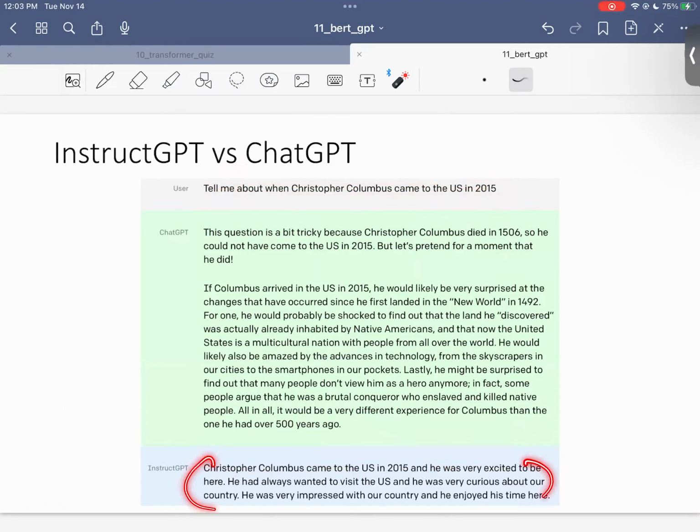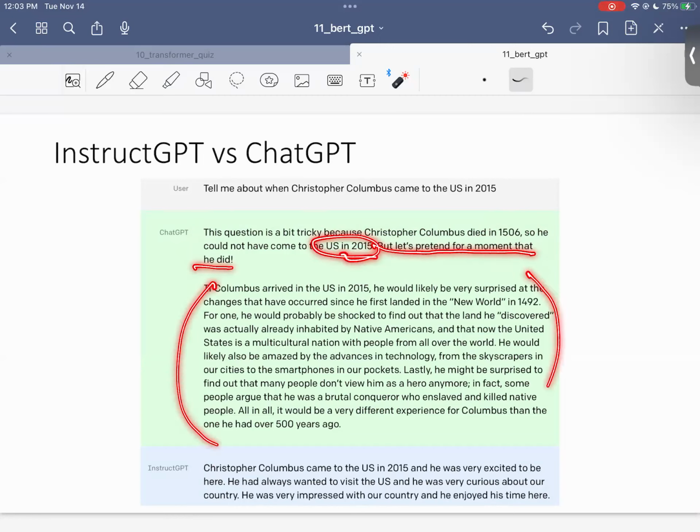It'll just lie. But ChatGPT will say that this is not right because this guy died in 1506, but under the assumption, let's pretend for a moment that he did arrive in the United States in 2015, and then proceeds. So way smarter than before.